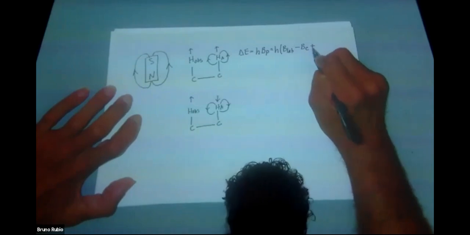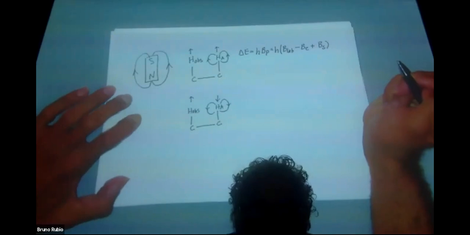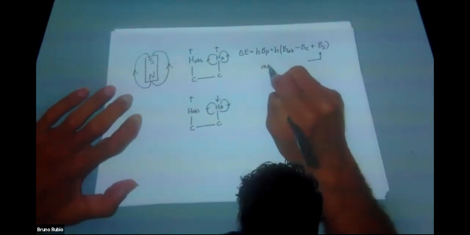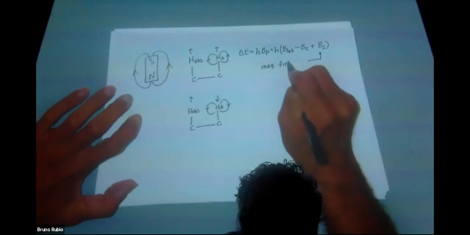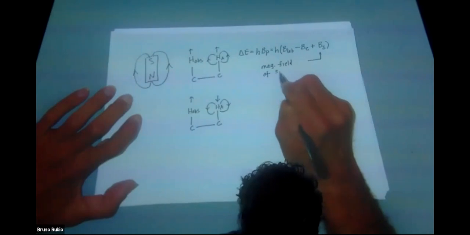So that's going to be a plus B sub S, right? This is the magnetic field of the neighbor spin up.